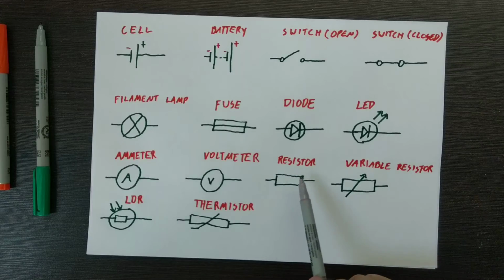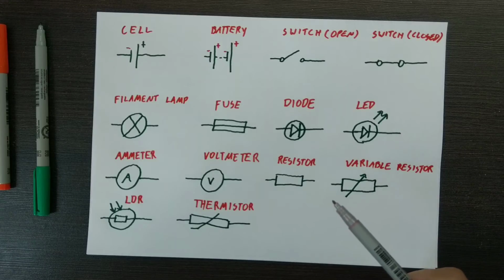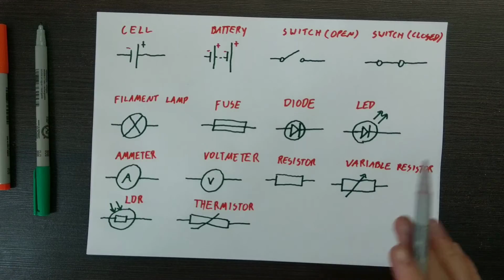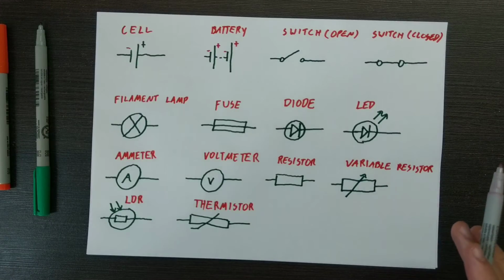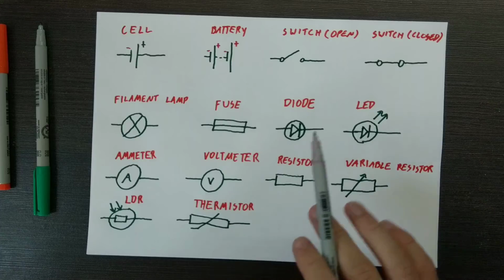So this is a basic resistor. You can buy resistors in various sizes that provide various resistances. By the way, the unit of resistance is ohms. We'll be doing more on that in further videos. Don't worry about this for now. But different resistors give you different resistances, and they're often used to spread out the power.